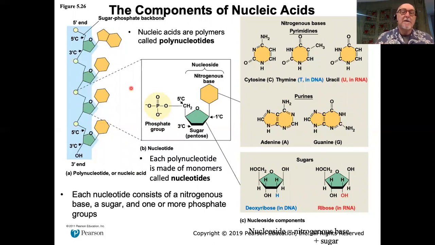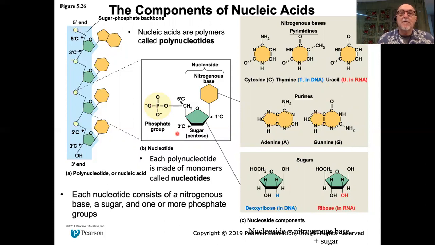For a start, the nucleic acids are polymers. They are often very, very large molecules. DNA is extremely large. Even in the bacterial cell, where there's just a single chromosome, that chromosome can be very, very long.